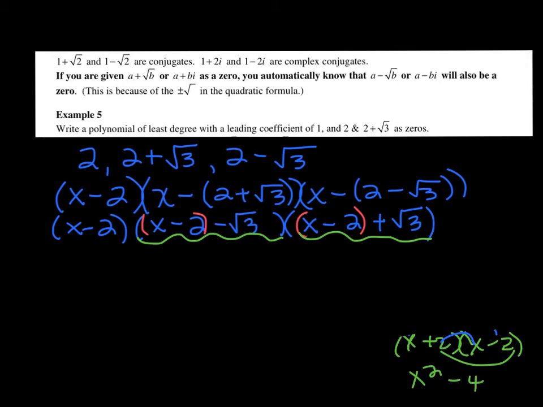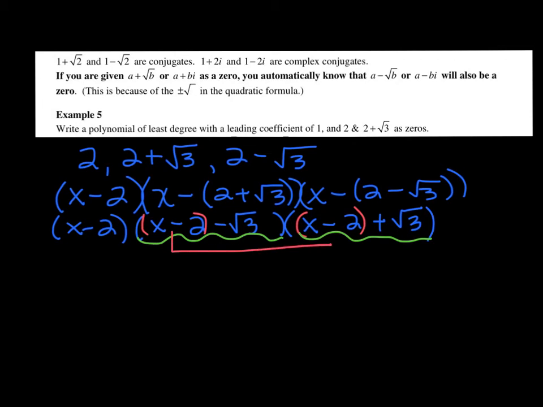That is the definition of a conjugate. So in these complicated conjugates, I really only have to multiply the first and the last. So I'm going to multiply the conjugates first.